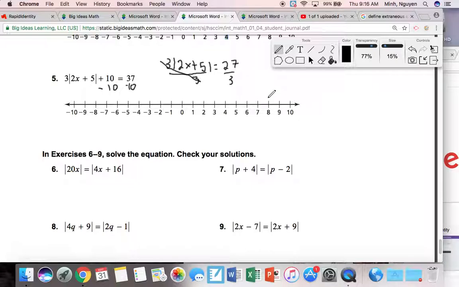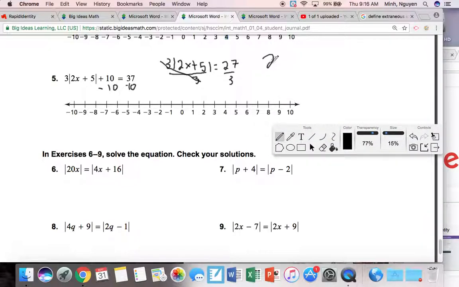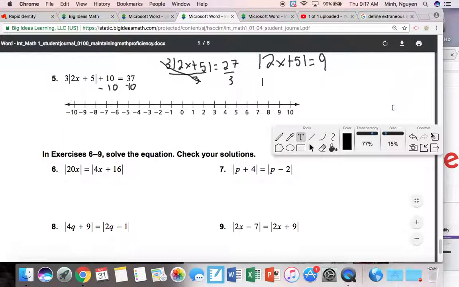Writing with the mouse is just awful. We got 2x plus 5 equals 9. Now I'm going to write out the 2 linear equations for you, and I will leave them for you to solve. I understand if all this over here was difficult, but here I've broken it down.